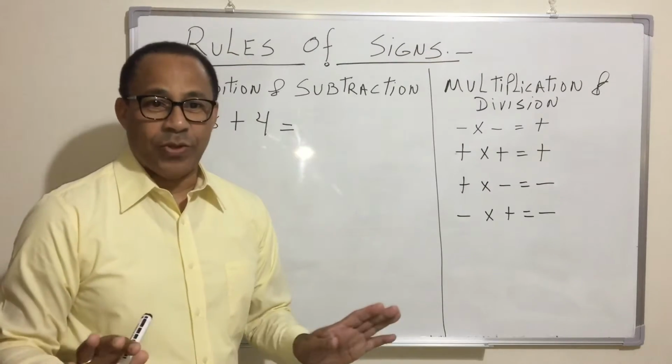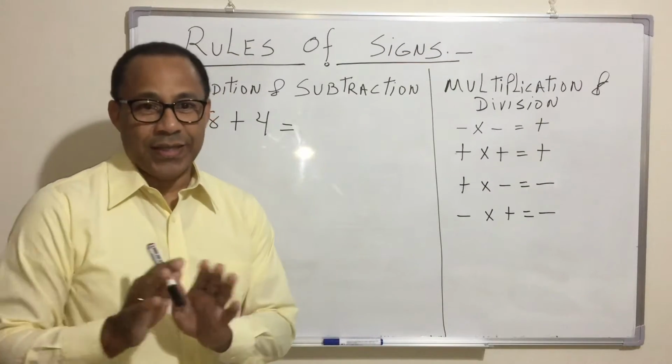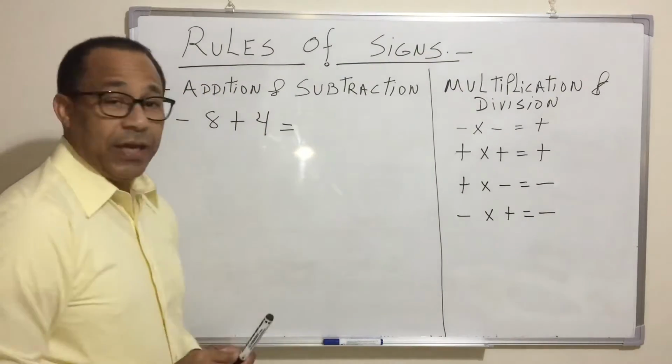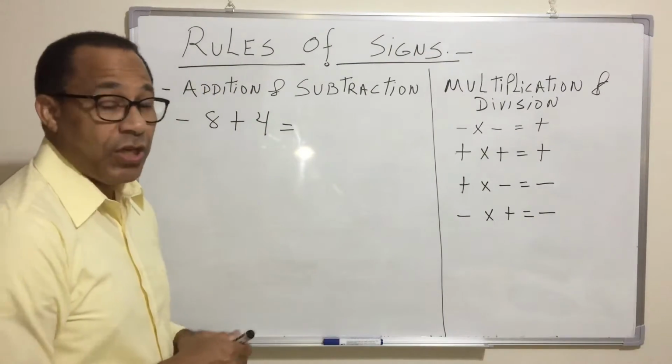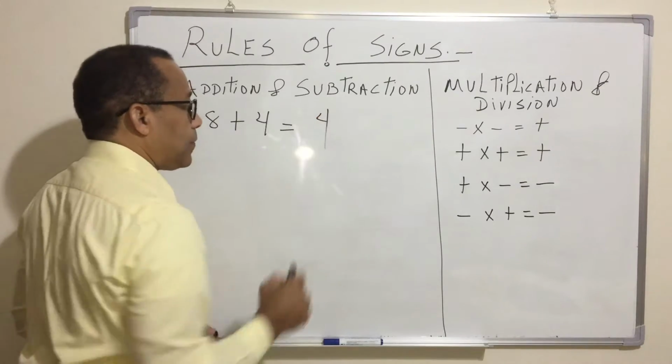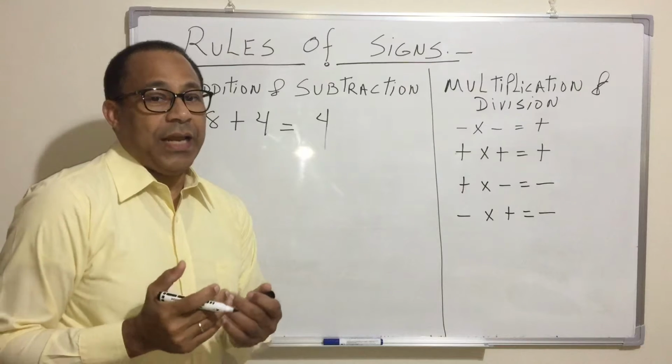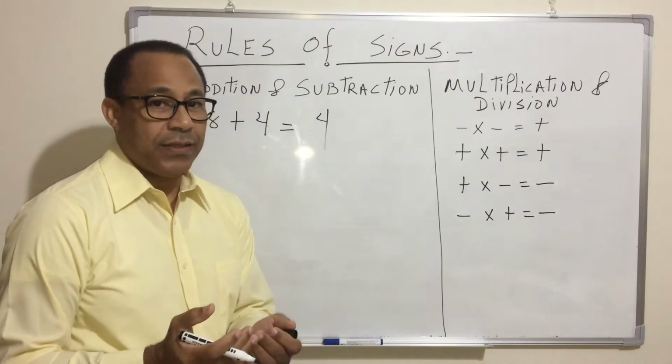Just subtract the numbers the way it is commonly done. This will be 8 minus 4, which is 4. I just got the number. Now, let me get the sign.